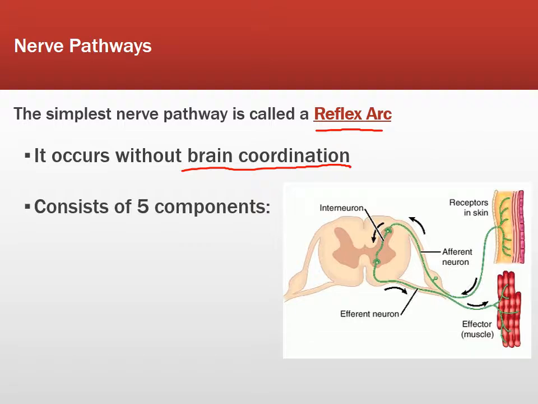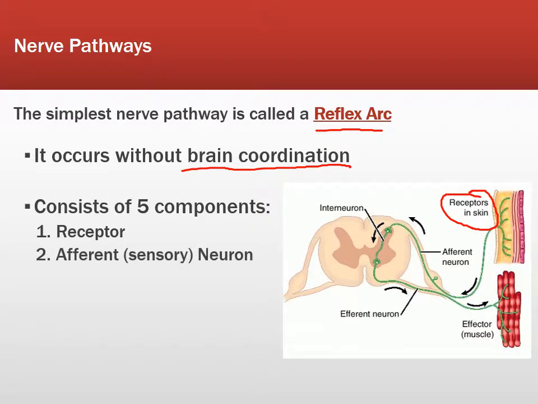So it consists of 5 different components. So we have a receptor. So the receptor in this case is on our skin. Okay, so we have receptors. We have an afferent or a sensory neuron. So remember, that's what's going to take the signal from the receptor, and it's going to send it to the spinal cord. We have an interneuron, and the interneurons are usually found in the spinal cord, so that would be this little section right here.